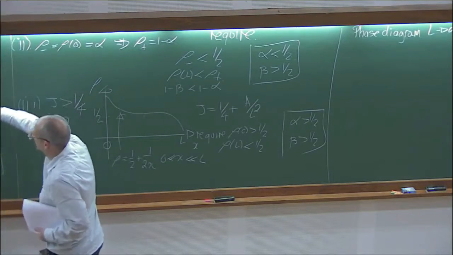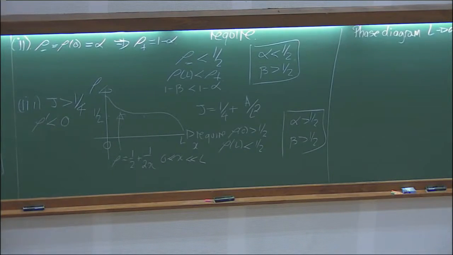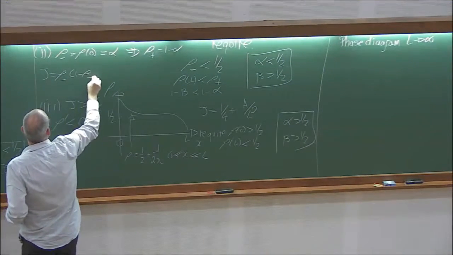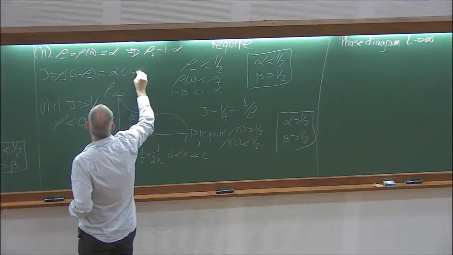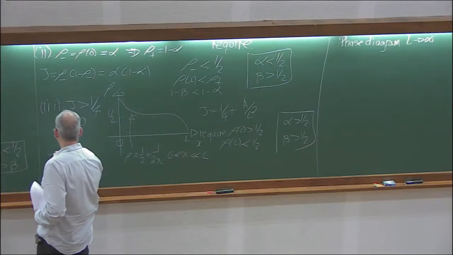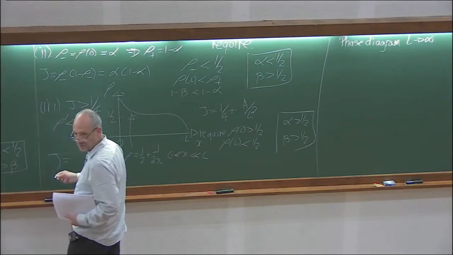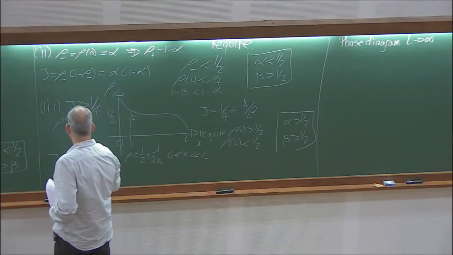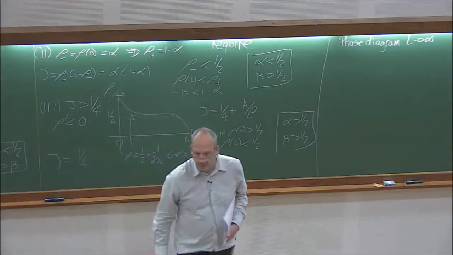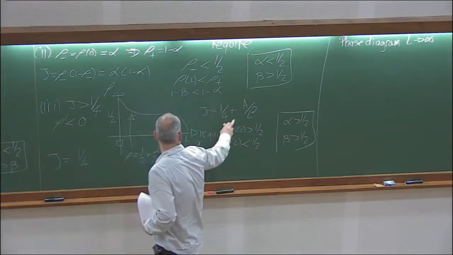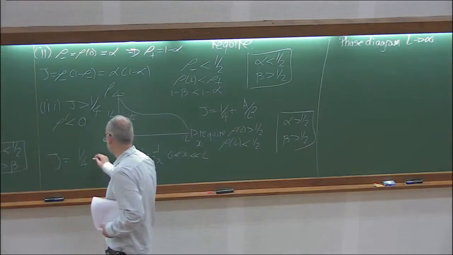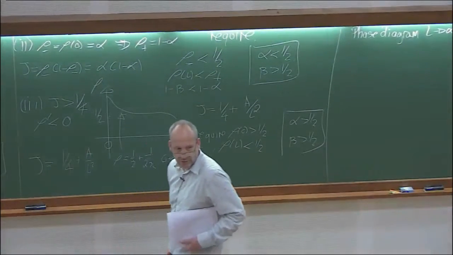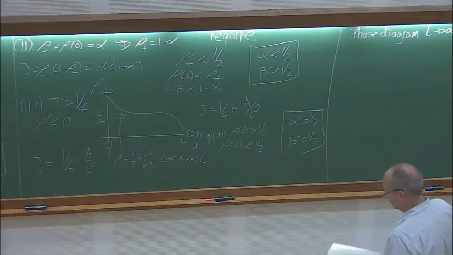In case 2, J is going to be rho minus times 1 minus rho minus, which is alpha times 1 minus alpha. And here, J, in this phase, is going to be a half times a half, because the bulk density is a half. So it's a quarter. Well, we know it's a quarter plus A over L squared, which is going to a quarter as L goes to infinity. Okay, so we can draw our phase diagram.